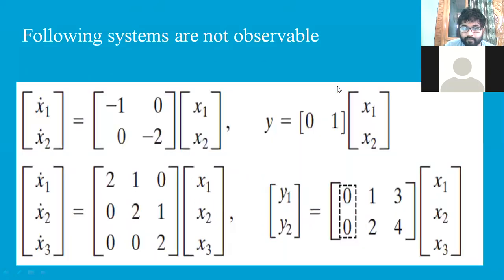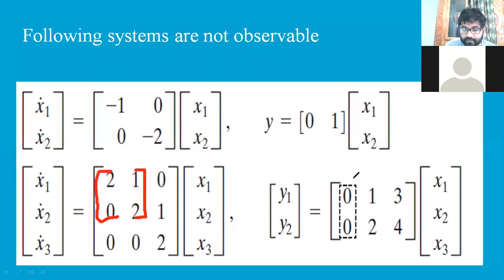Here are examples of non-observable systems. See, this is the Jordan block.